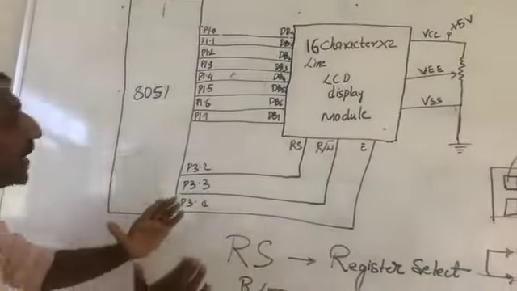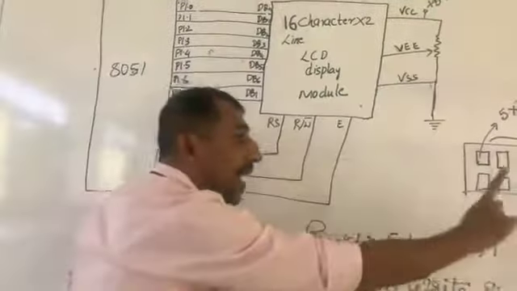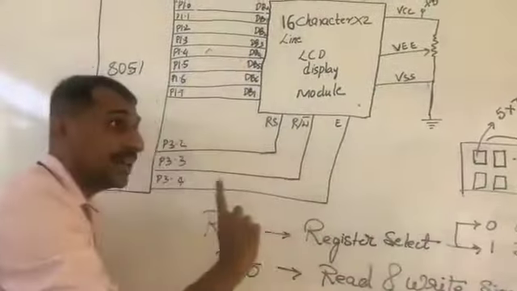Okay. So ultimately what I am trying to say is, whether you send the command, or the data that needs to be displayed, from the microcontroller, you require 8 bits to be sent from the microcontroller to the LCD display. Therefore, you require one complete port to send the data. That data could be the command, or the data to be displayed, right?